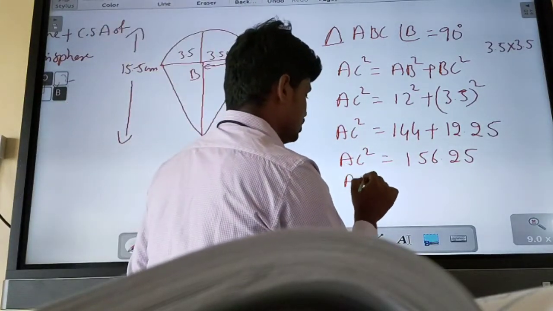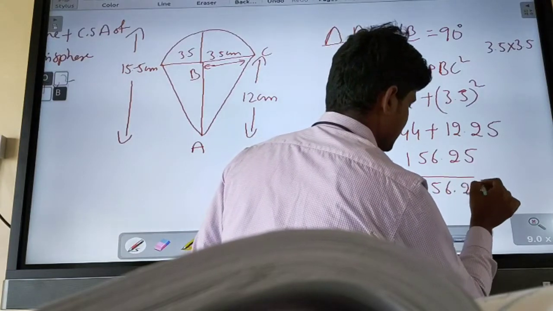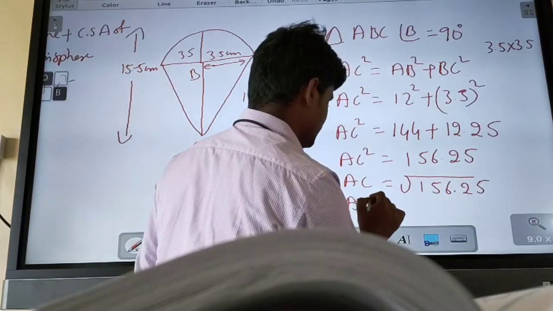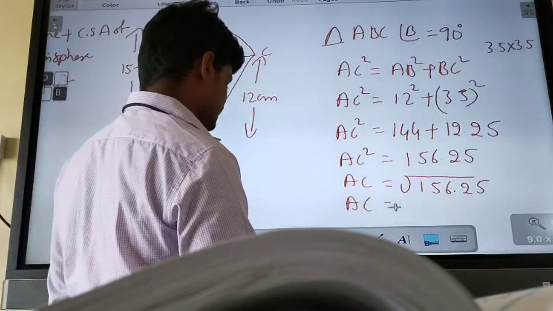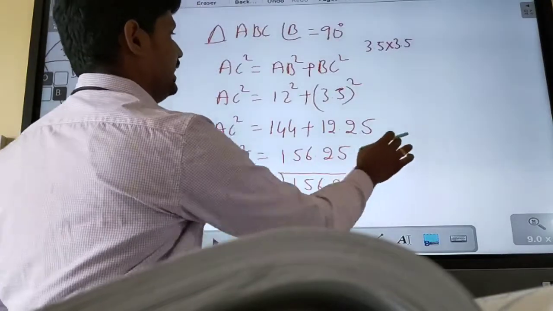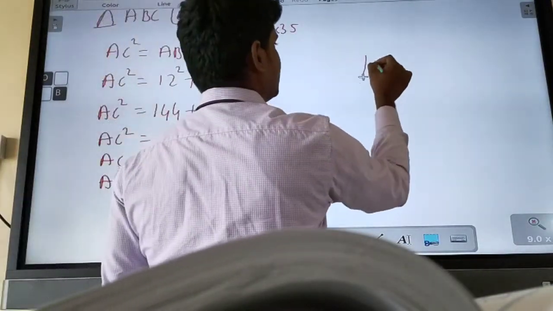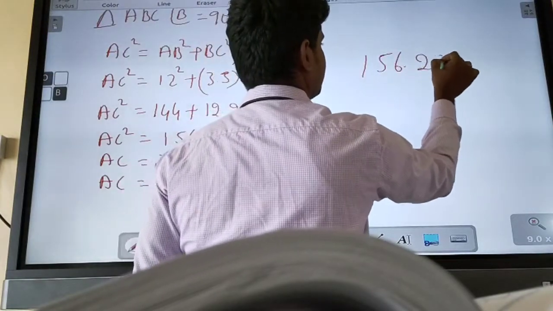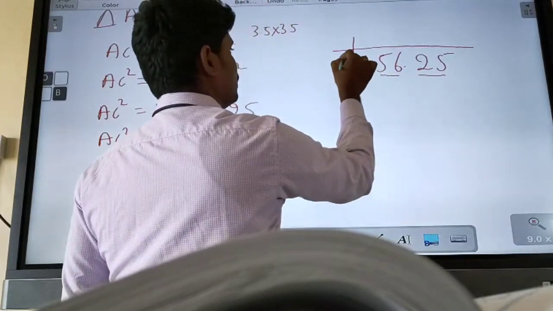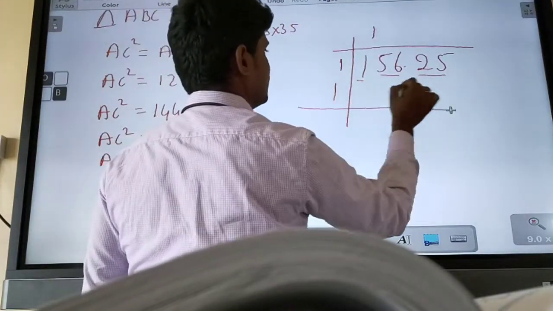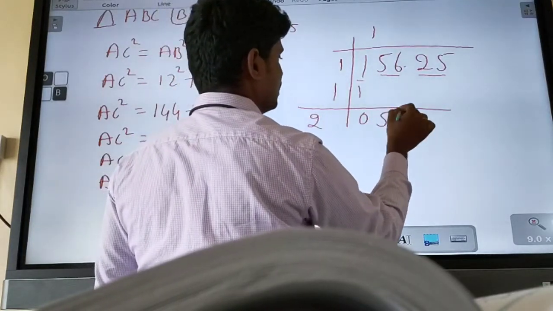AC is equal to the square root of 156.25. You find the square root of 156.25 using the division method. How to find? See, children, 156.25. First we should group two numbers at a time, with the last one number alone. 1 times 1 is 1. Now subtract, we get 0. 1 plus 1 is 2. Take 56 down.